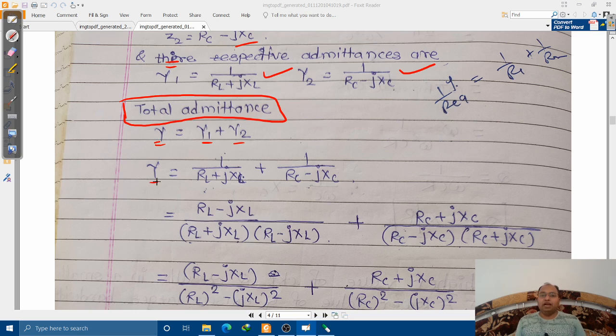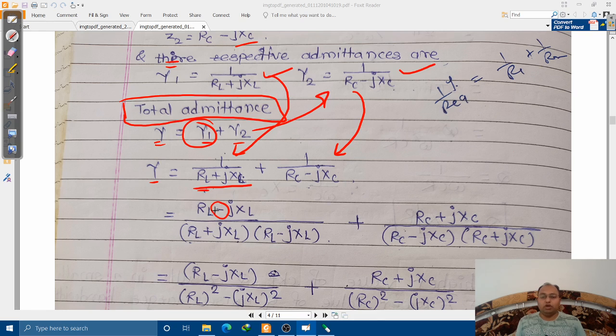So Y is equal to 1 upon RL plus jXL, which is Y1, so we have inserted this, plus Y2, which is this one, so we have inserted this one as well. Then we are going to multiply and divide by the complex conjugate of this term. What is the complex conjugate?